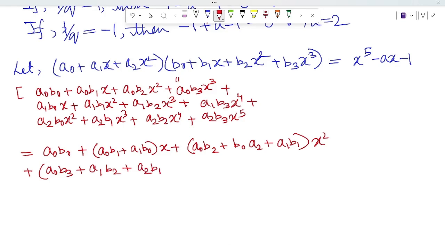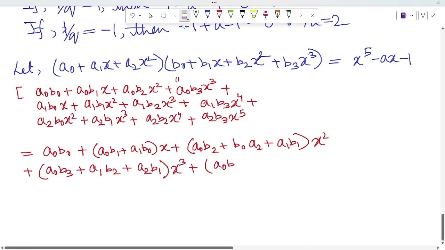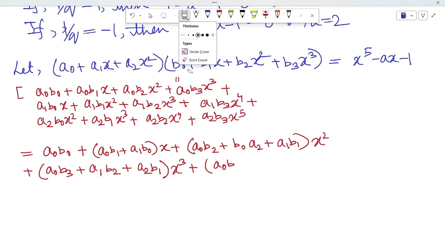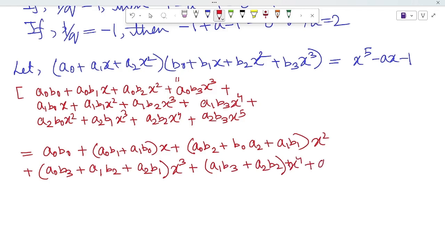Plus degree 4 term: a1 b3 plus a2 b2. And degree 5 is a2 b3.